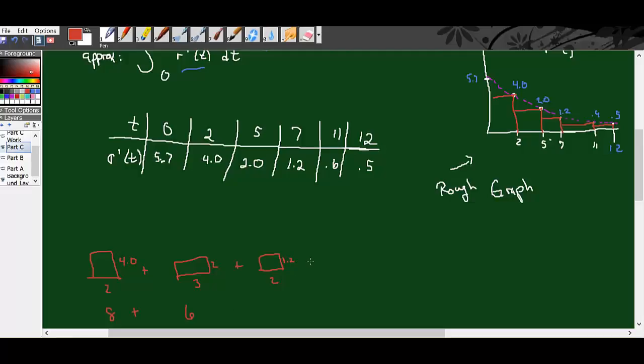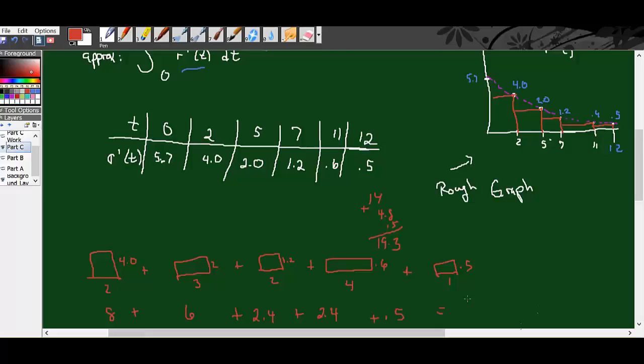Now from 7 to 11, that's a width of 4, but my right value there is 0.6. So this should be plus 2.4, plus, the last one only has a width of 1 and a height of 0.5, so that's another plus 0.5. So 8 and 6, 14 plus 4.8 plus 0.5, 18, 19.3.